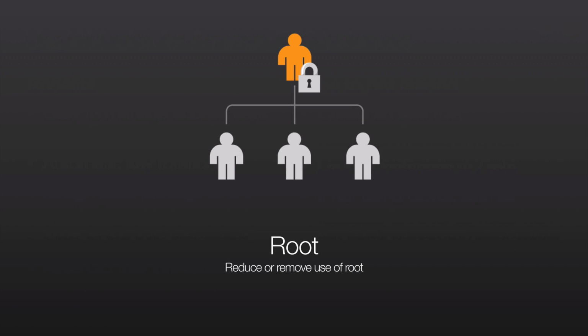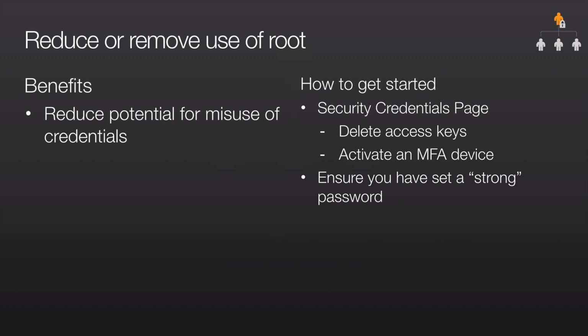And then lastly, for IAM best practices, we've teased this quite a few times already when talking about some of these other best practices, but reducing or entirely removing the use of the root account user on your AWS account is a very good idea. It reduces the potential for misuse of credentials. You can do this by entering the security credentials page within IAM, deleting the access keys for this user, and then activating an MFA device for console login for this user, as well as ensuring that you've set a strong password.